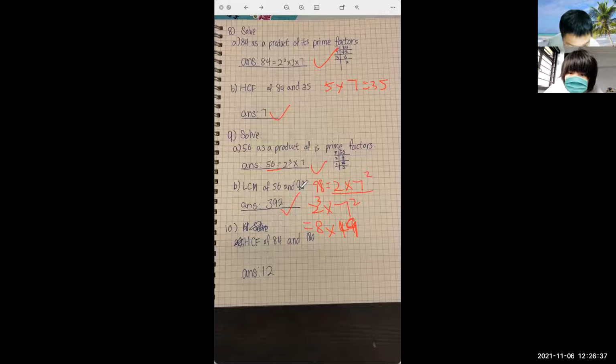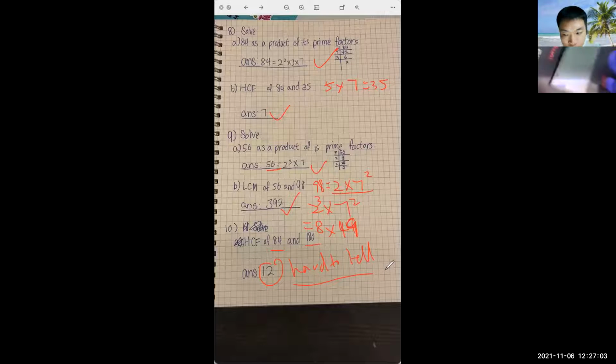Okay, so 84 and 180. Once again, you need to do the prime factorization. Without the prime factorization, I think it's very hard to tell, right? I also cannot tell just by looking at it what's the highest common factor.